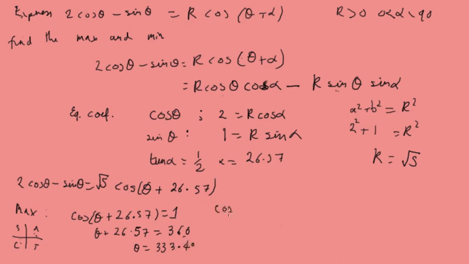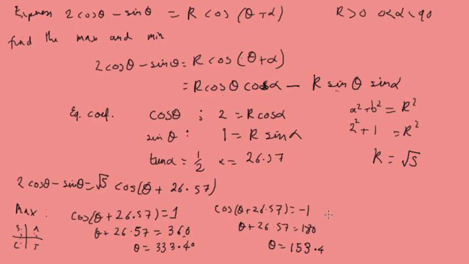And then similarly for the minimum, cosine theta plus 26.57 equals -1, and that is going to give us 180, so theta plus 26.57 equals 180, so theta equals 153.4. So that would be the one for this quadrant, 180, and then you minus there to get to there.